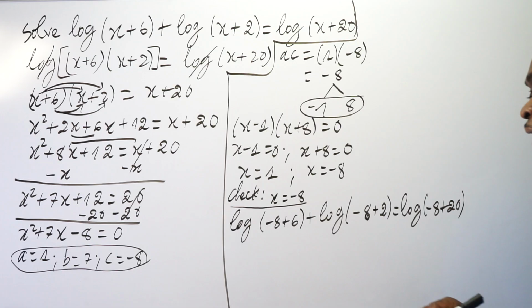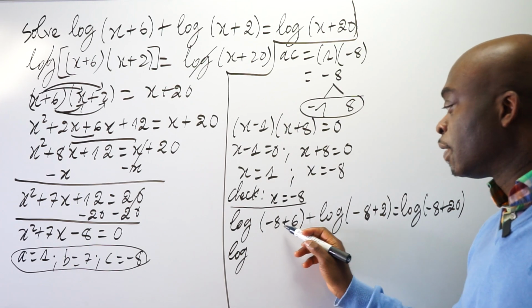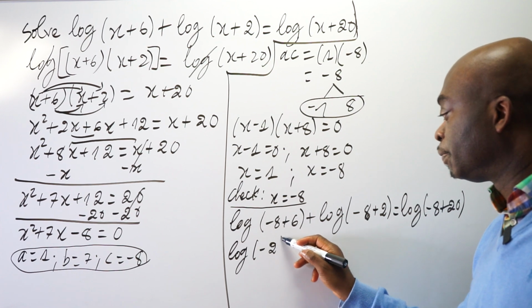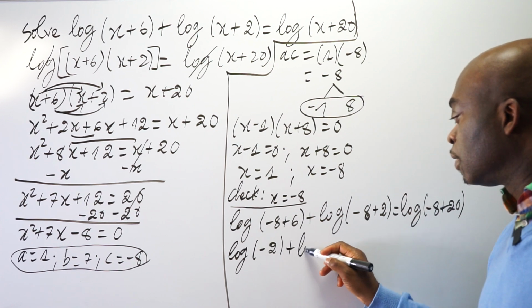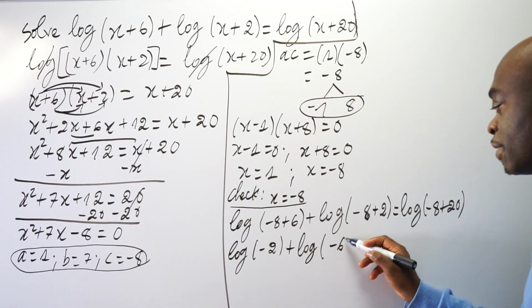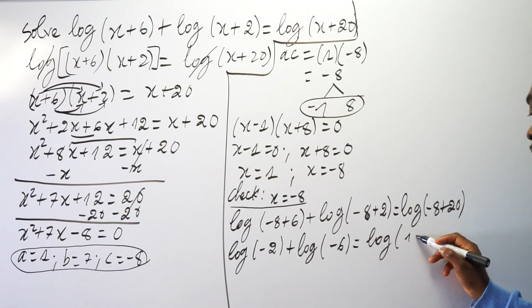Once we get that, what's happening now? Log of negative 8 plus 6 is going to give us negative 2, plus log of negative 8 plus 2 is going to give us negative 6, equals log of positive 12.